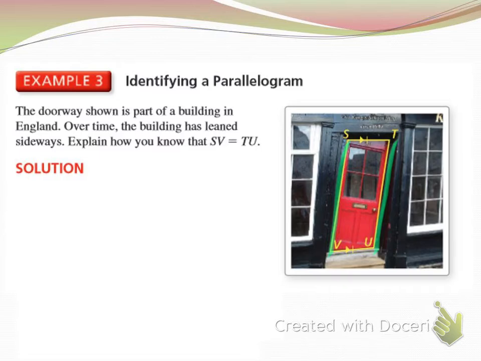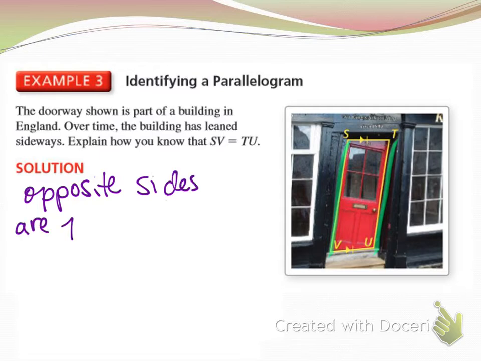So, what we're going to do is list the property that lets us know that this is a parallelogram. Which of the 5 properties you wrote on the first page is shown in this picture? Parallel and congruent. So we're going to write that the opposite sides are parallel.